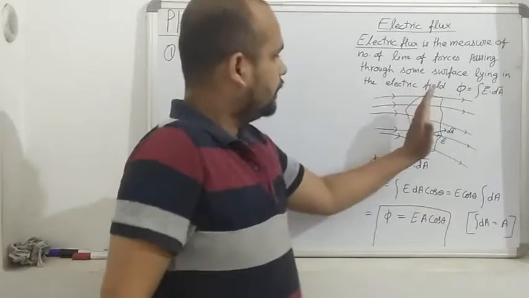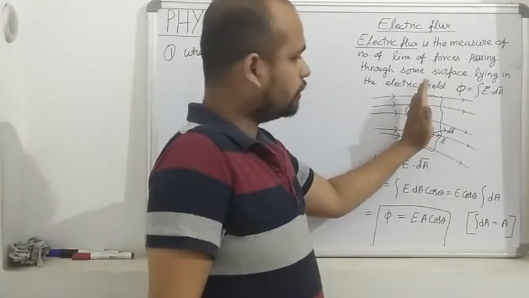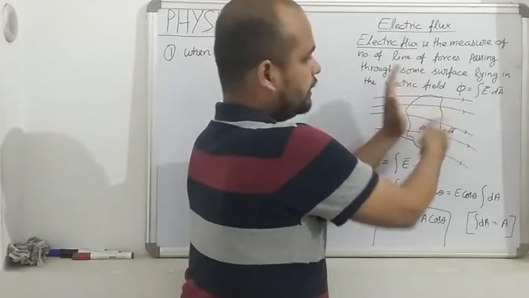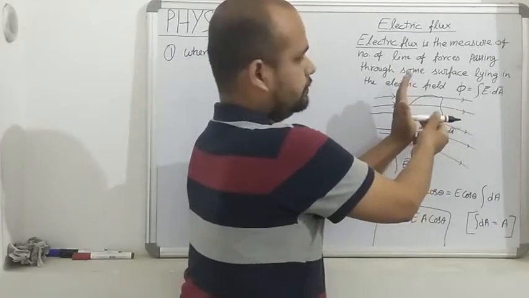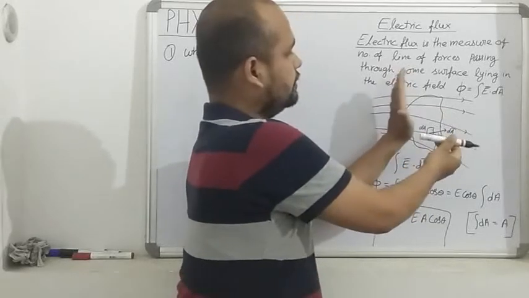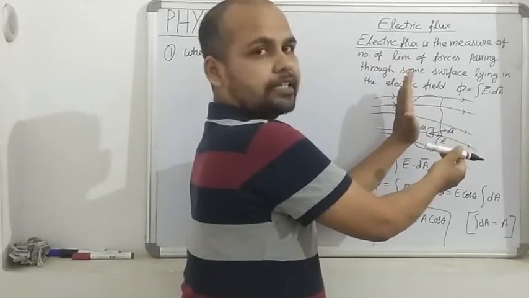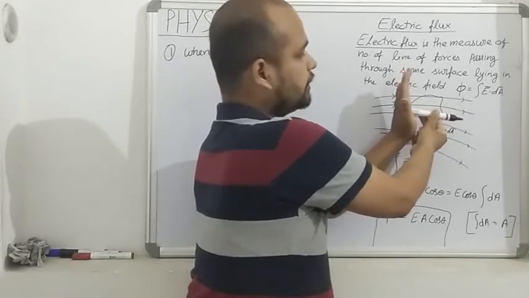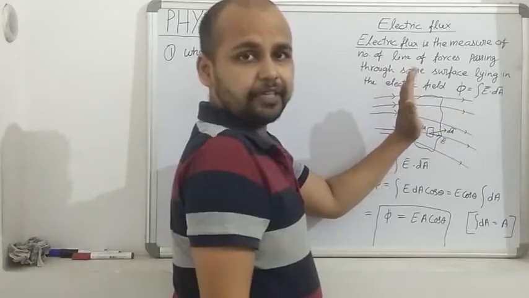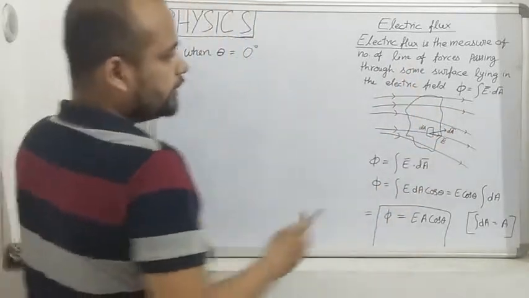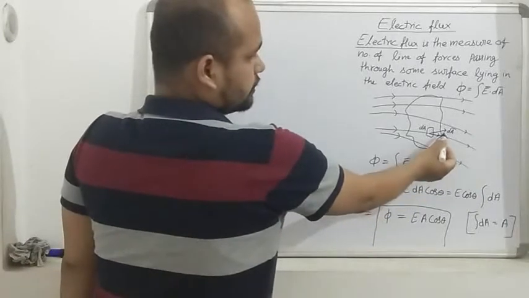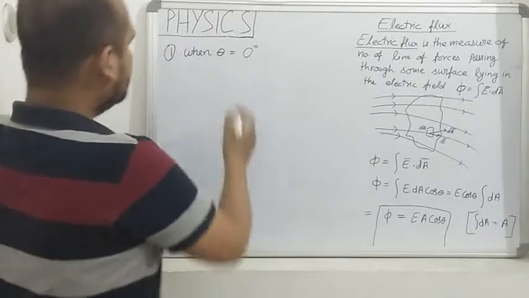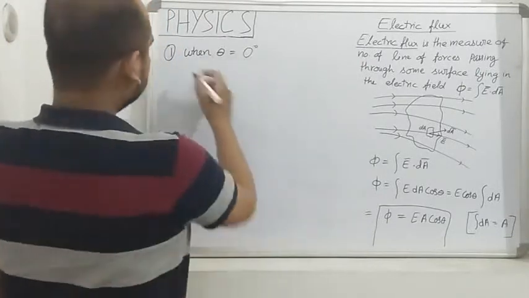See, if the surface is like this, this will be your area vector, and the electric field is also like this only. This is the surface which is perpendicular to the electric field, and the area vector will be perpendicular to the surface. It means the area vector will be parallel to the electric field. So the angle theta, which is the angle between the area vector and the electric field, will become 0.